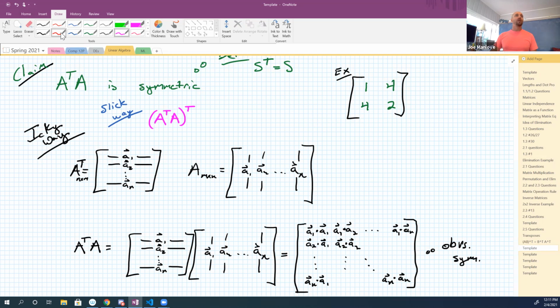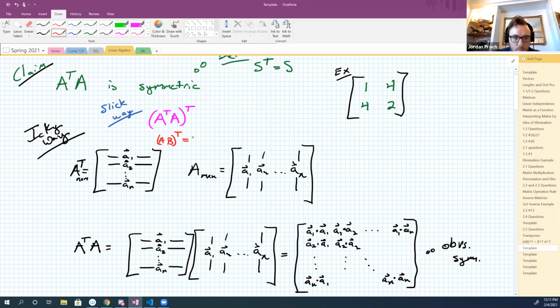I'm thinking about this as a matrix A times a matrix B transpose. So what is that? That's B transposed, A transposed. And this is the crucial thing, is that they switch order. So I just need to take those two matrices and switch their order.